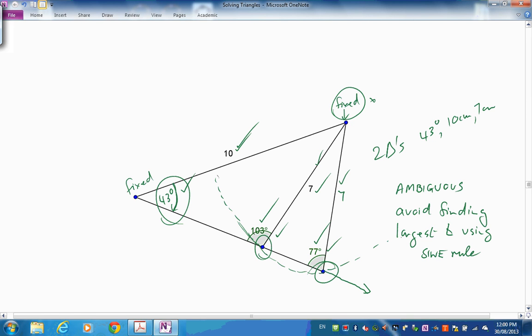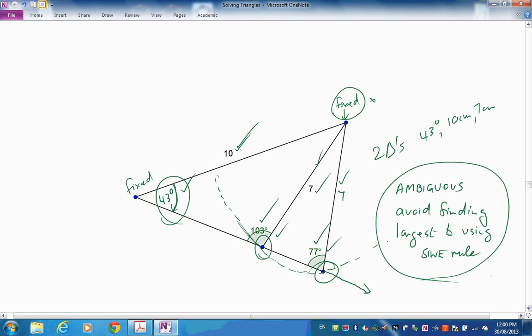They have the same size sine. Okay, so there's a little rule. Avoid that ambiguity. If you can't, you really have to quote 2 possible answers, 103 and 77. You really shouldn't have a look at the diagram and guess that it's less than 90 or bigger than 90.